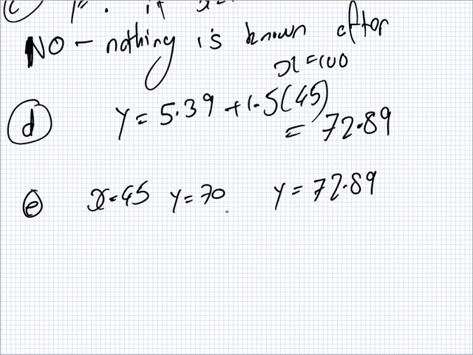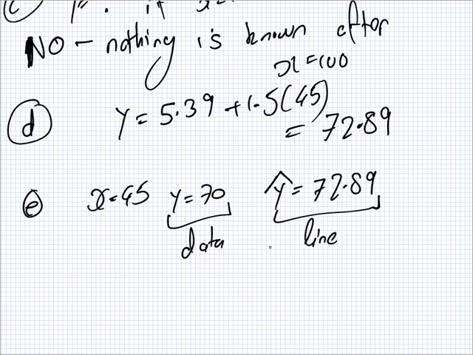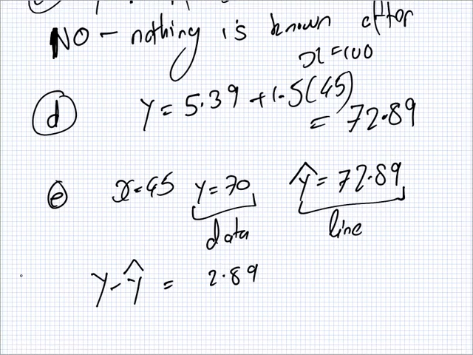Which is the true value of y? This one or this one? The left or the right? The left, because it comes from the data, whereas this one comes from the line. So we call this the predicted value of y. And they want to know the difference between the y and what was predicted. It is 2.89. And what is this difference called? The other word which I like begins with an R: residual.